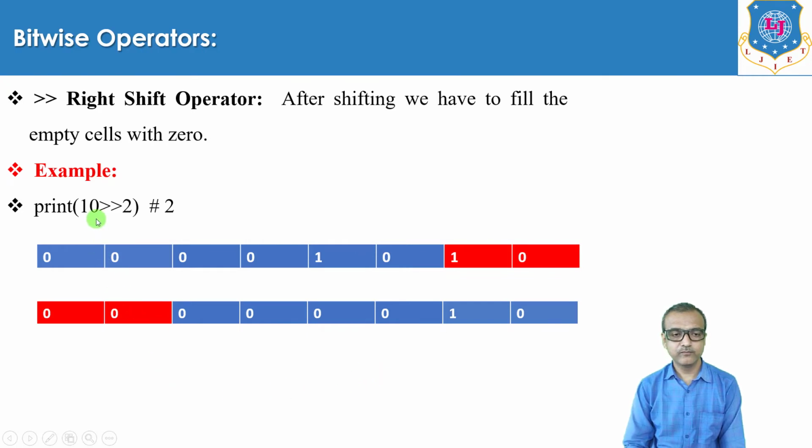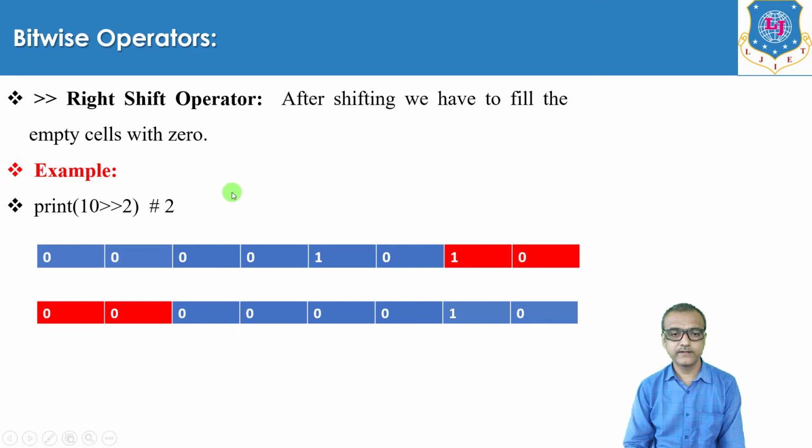If you have to shift 10 by one position to the right, what will be the output in that case? Divide 10 by 2 raised to 1, so you will get 5. And here we have to shift 10 by 2 bits towards the right.